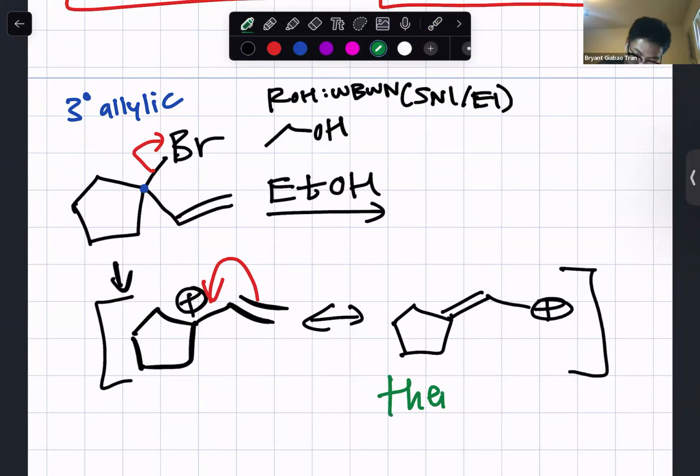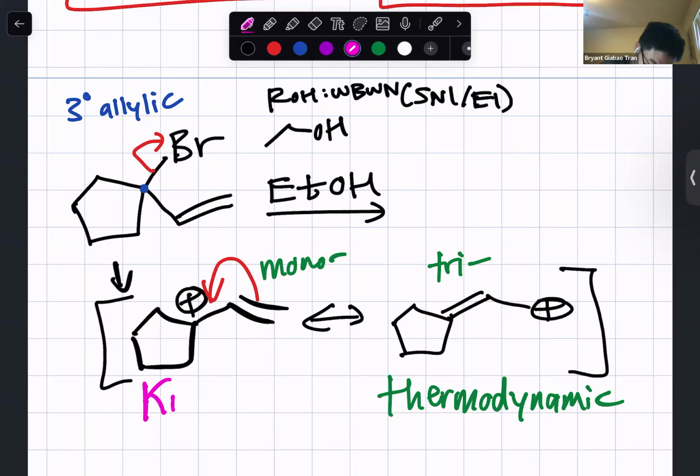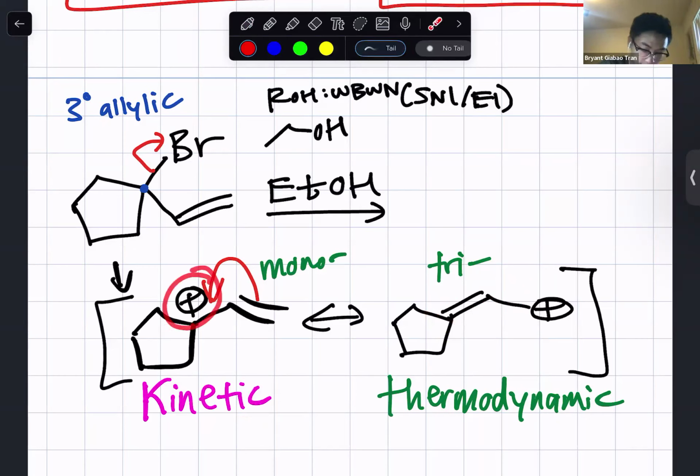So this intermediate here gives us the thermodynamic product, because this double bond here is tri-substituted, 1, 2, 3, whereas this double bond here is mono-substituted, right? And this intermediate here will give us the kinetic product because it came from the more stable carbocation intermediate.